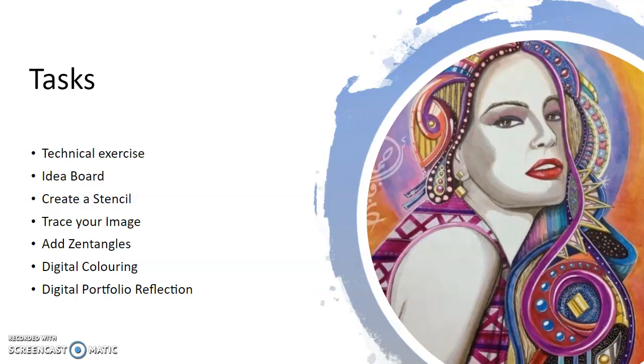I'm going to show you how to start to add your designs or your Zentangles. I'm going to show you how to upload your image to the computer, so we can use some digital drawing and painting tools, and we're going to color it in on the computer, and it's going to look really cool. And then of course we're going to post your image and your technical exercise and your idea board on your digital portfolio and do a reflection. So I'm going to walk you through all these things, but that's generally what we're going to do.